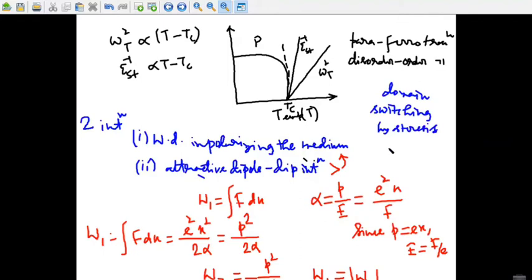So let us suppose that the work done during the process of polarizing the medium is W1 equals the integral of F dx, where F is the force and dx is the displacement.